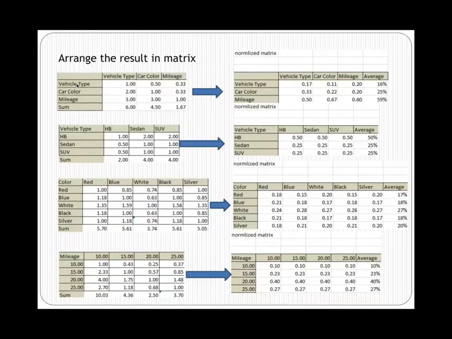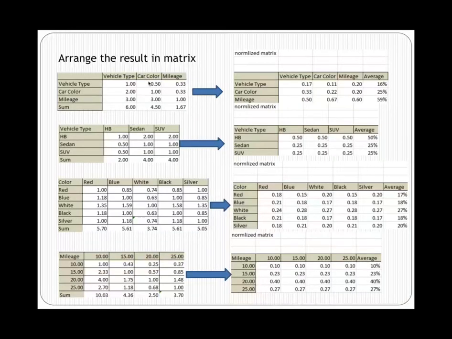For example, I just discussed vehicle type, and vehicle type is 1, color and color are equal, mileage and mileage are equal. Now vehicle type and car color is 0.5. This means that if the price of vehicle type is X, then the price of car color will be X by 2.